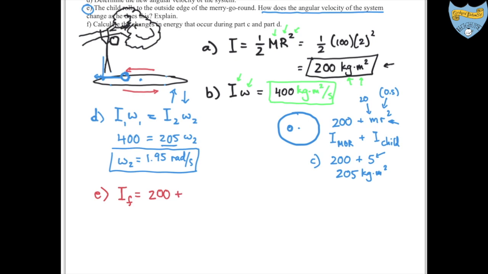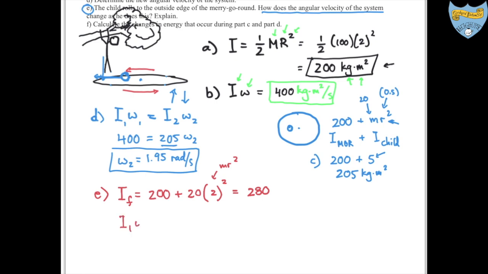But the child has a new contribution to the moment of inertia of mr squared, is our formula, but r is now 2. So that's going to give us now 80. Therefore, the final moment of inertia as the kid rolls off the edge is 280.